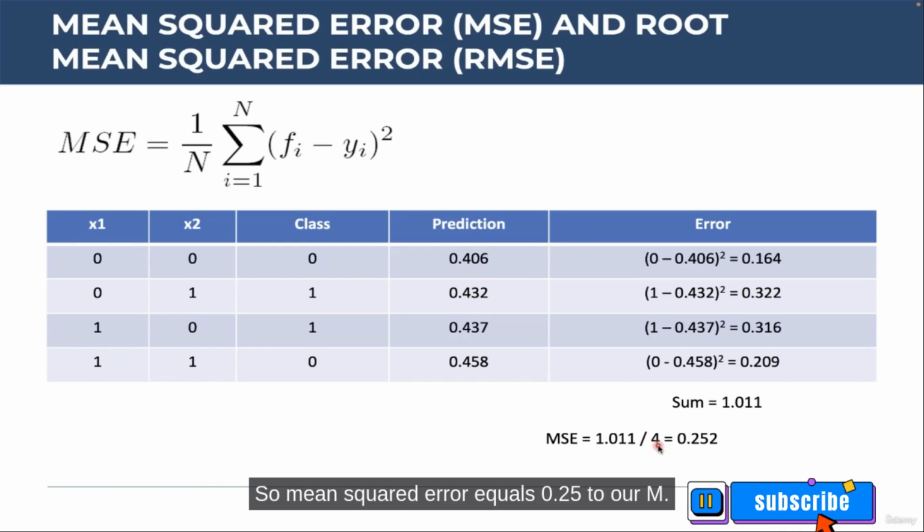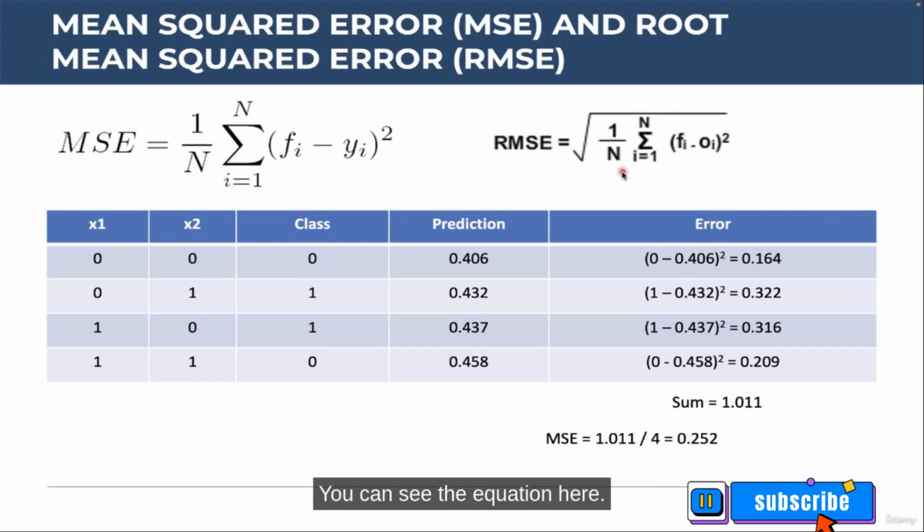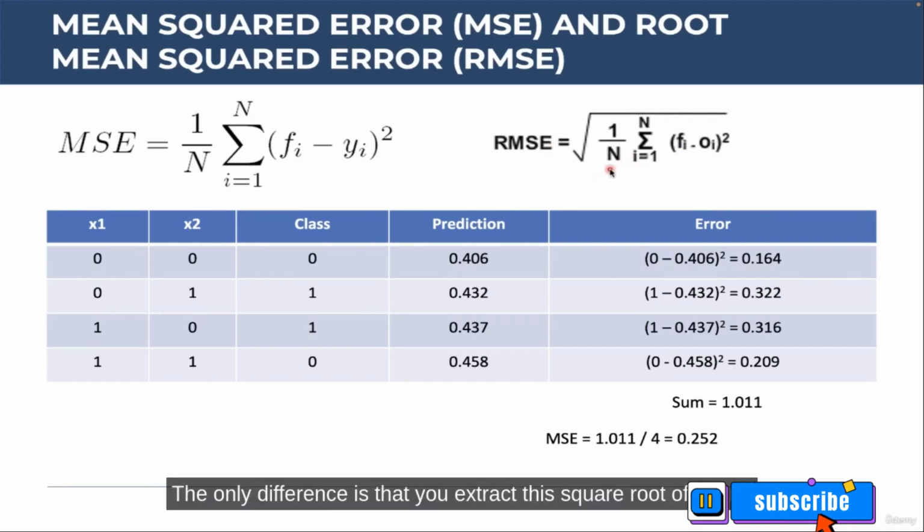So, mean squared error equals 0.252. RMSE is similar. You can see the equation here. The only difference is that you extract the square root of the MSE. So we can see the result, which is equal to 0.501.